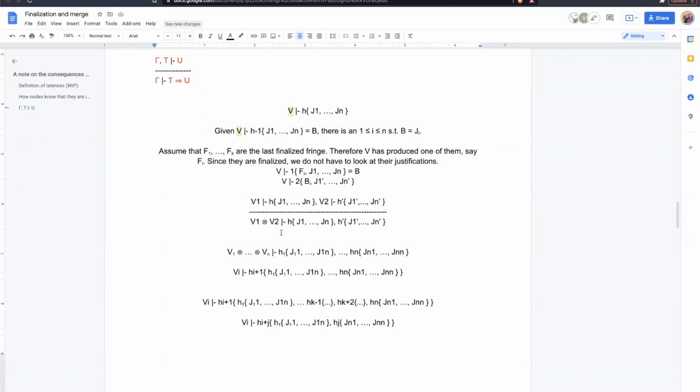Does that make sense? Yes. Well, it's the tensor of v1, v2, through vn, and it doesn't have some justification. Yeah. So v1 through vn have seen it, and all of them don't see that particular justification.